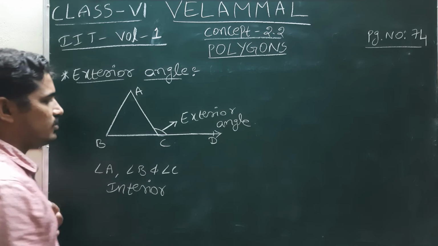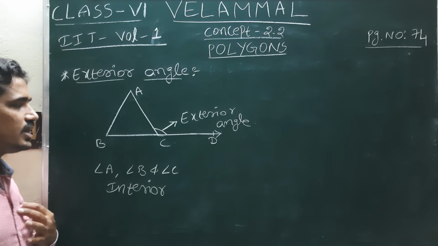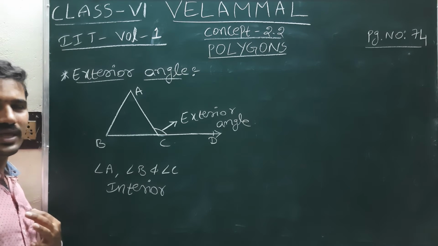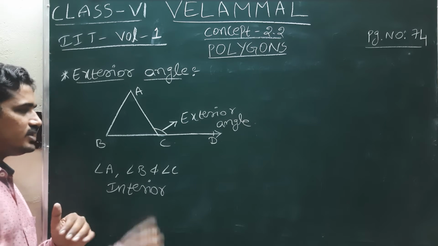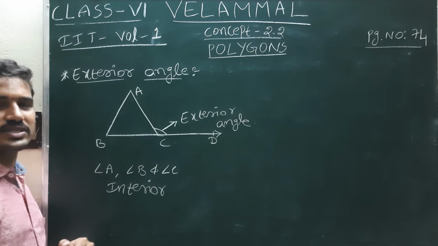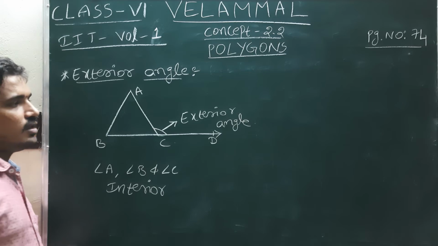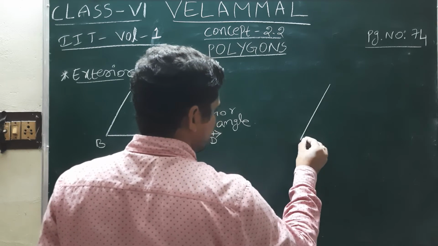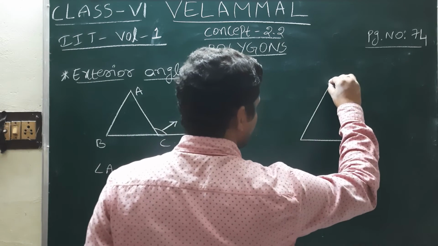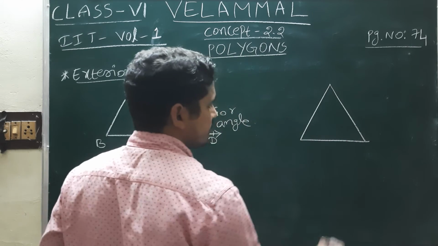An exterior angle is nothing but an angle formed by extending one side of the triangle. If you observe the triangle, we can get three exterior angles.